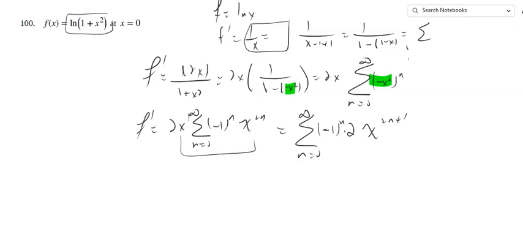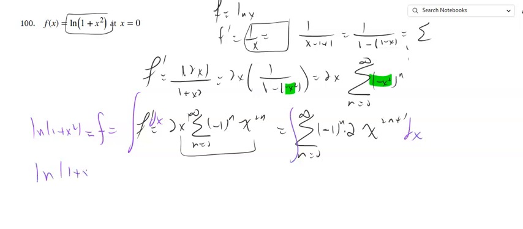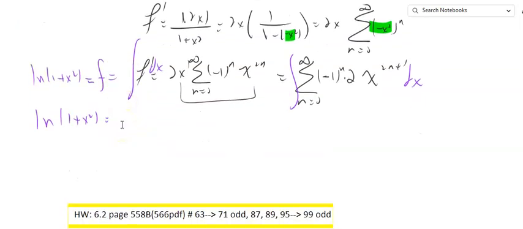Now I say, look, natural log of 1 plus x squared, which is f, and those are connected by integrating this with respect to x, and that gives me a power series representation of natural log. That's how my calculator approximates a log of any value that is irrational. That's how they do trig. Trig is going to come up in the next section, sine, cosine, tangent, all of these things.